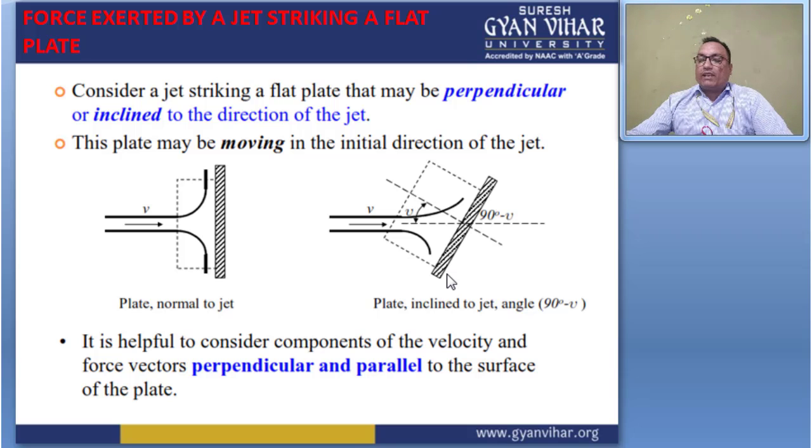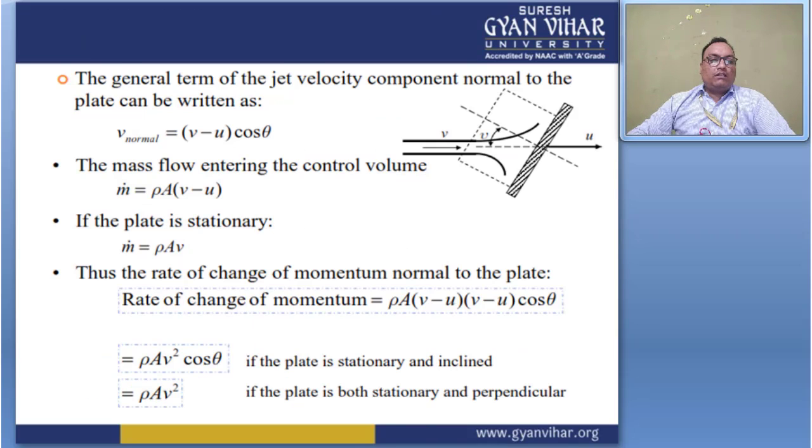So these are the different kinds of forces acting on this wall or plane surface. For the plane surface forces, first assume the case where the plate is not fixed, the plate is movable.